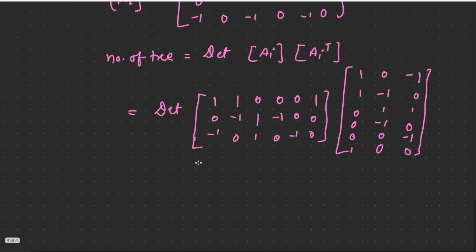The order of the reduced incidence matrix is 3 cross 6 and the transpose matrix order is 6 cross 3. So we will get a matrix, of which we have to find the determinant, of order 3 cross 3.